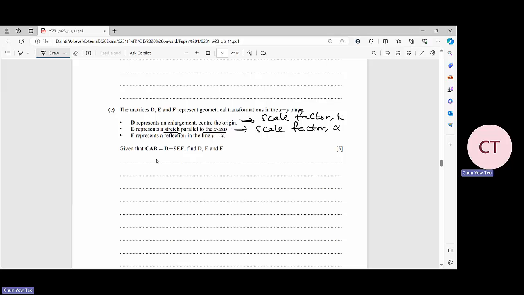Okay. So this one, you need to memorize all the corresponding matrices for each transformation. So for this case, we just let our D, for the enlargement, be K, 0, 0, K. For the E, since it's the stretch, it will be alpha, 0, 0, 1. This one, just memorize the matrices that represent each of the transformations.